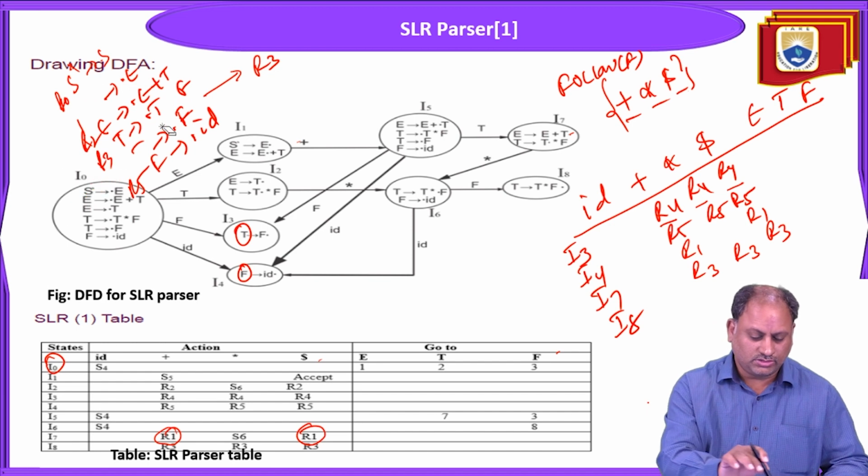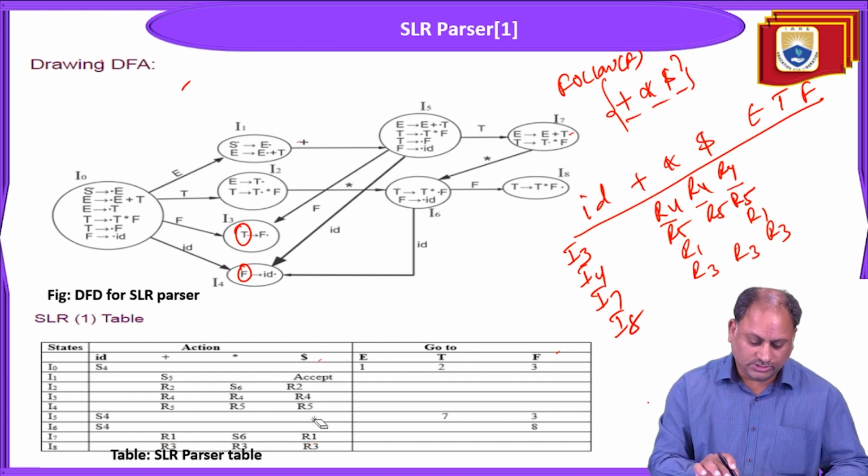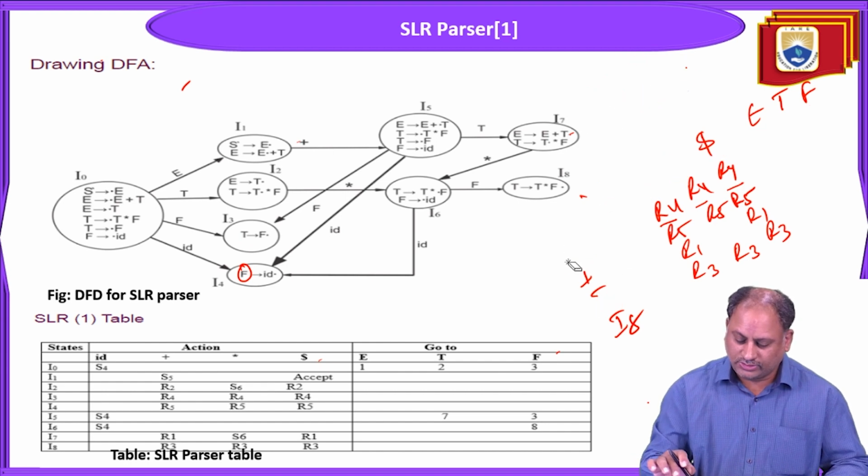So this is how to construct the parsing table for the given grammar. This is called the SLR parser, where first we need to perform the closure operation.